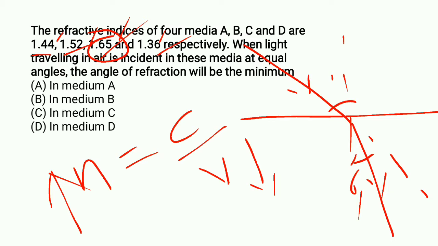So when the speed of light is decreased, the refractive index is maximum, and the angle of refraction is minimum. So option C is the correct answer.